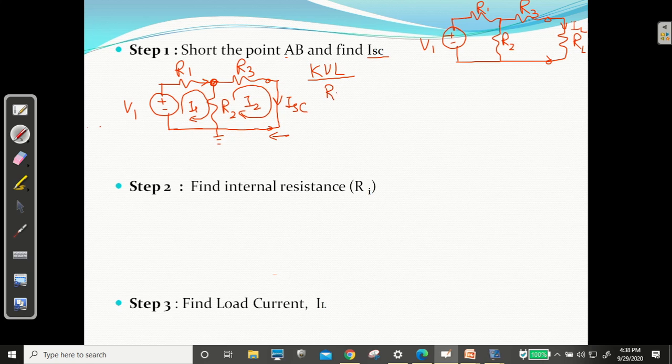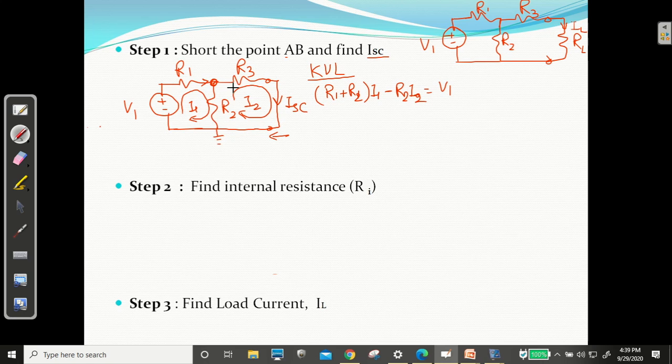R1 और R2 में. So R1 plus R2 into I1. At the same time, R2 में I2 भी है, because it is a common branch between loop 1 and loop 2. But it is minus because of opposite direction current. It is downward, it is upward. So minus R2 I2 equal to voltage source V1.